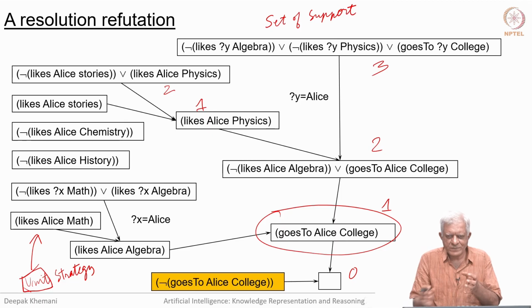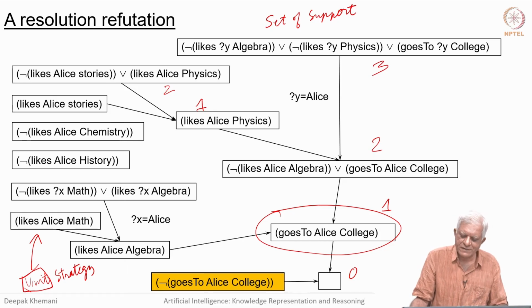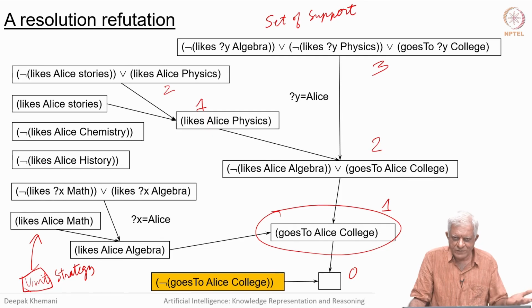So unit clauses obviously have this tendency of shrinking the other clause, because they cancel off that negated literal. That is one good strategy. The other is that because you want to derive the contradiction, you use the set of support strategy, which says to use either the negated goal or its descendants. We will come back to this variation of set of support strategy later.